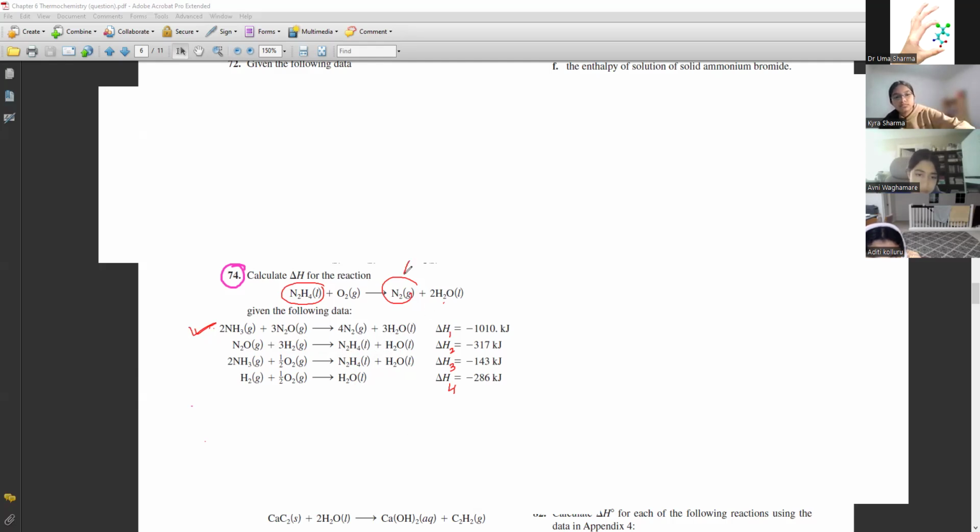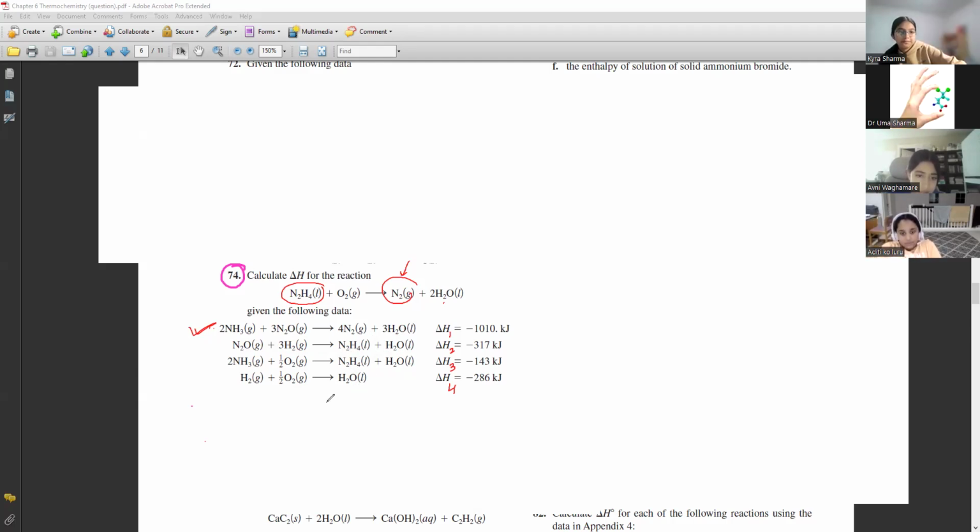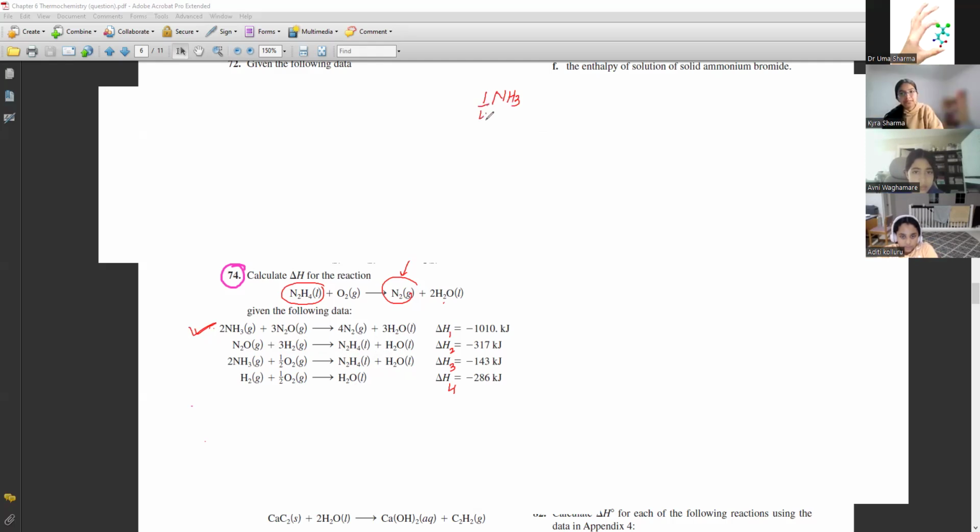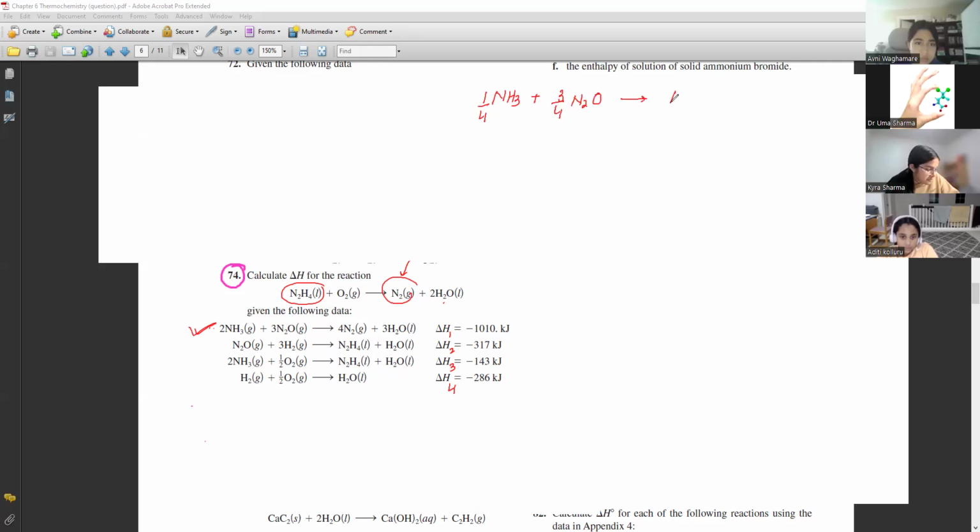I'm focusing on N2 because the rest are all part of multiple reactions. Yes, Kyra, you're going to divide the entire equation by 4. NH3 1/4 plus 3/4 N2O.